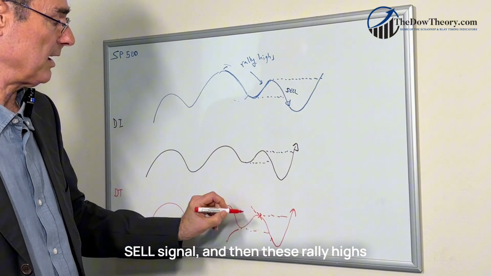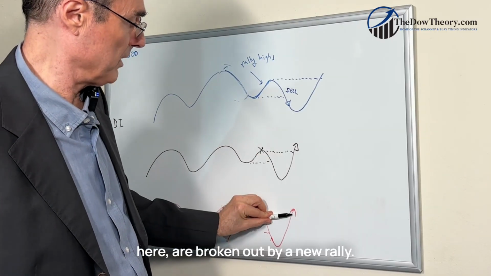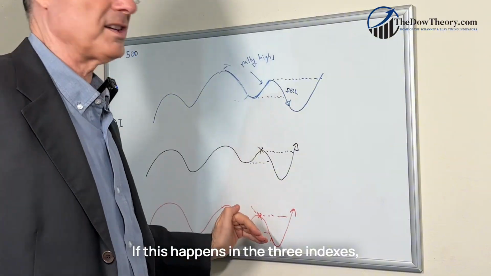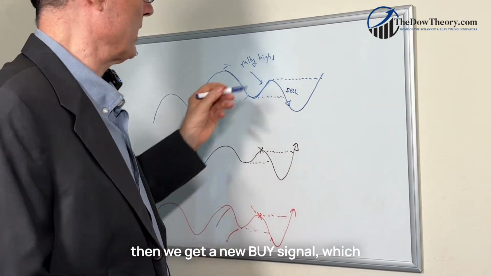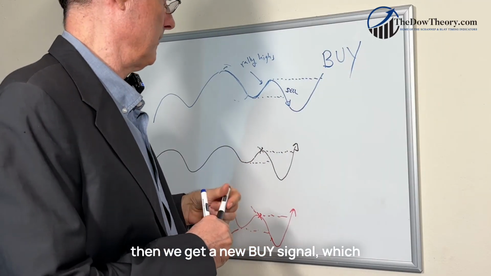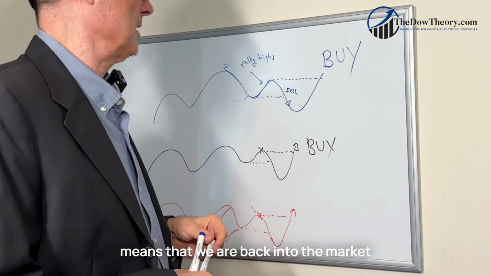And then these rally highs here are broken out by a new rally. If this happens in the three indexes, because we require triple confirmation, then we get a new buy signal, which means that we are back into the market.